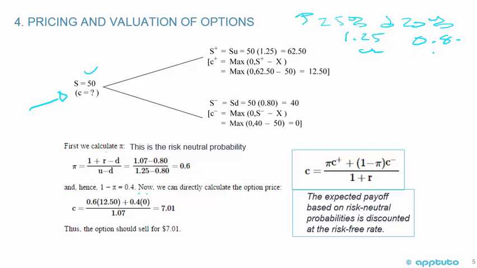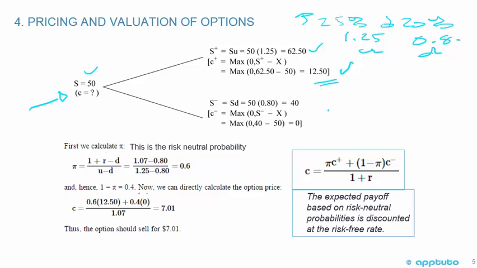That was the U and that was the D. So starting at $50, if it went up by 25%, we'd be at $62.50. The value of the call option is the maximum of 0, or the price of the underlying at expiration minus the exercise price. The exercise price was 50. So 62.50 minus 50, we have the value of the call option at period 1 at expiration being 12.50.